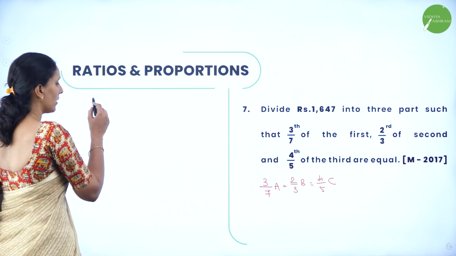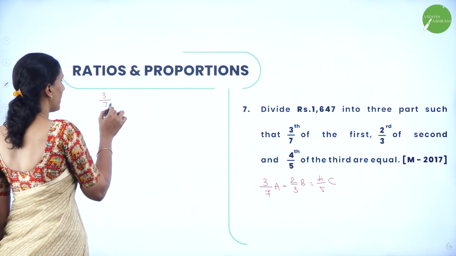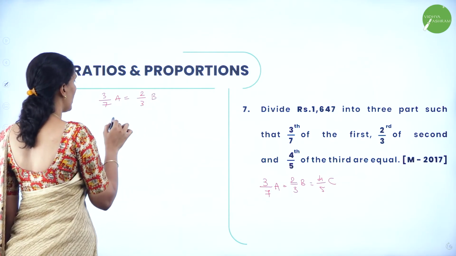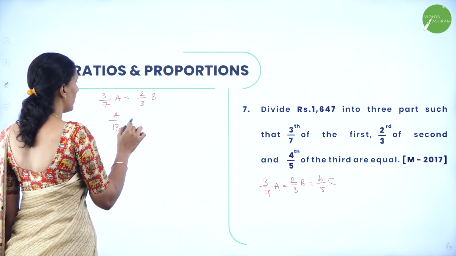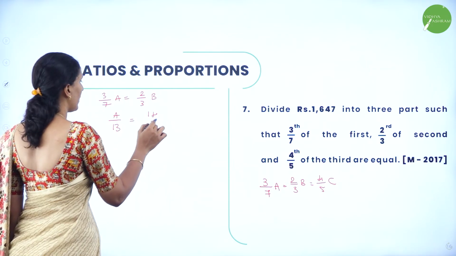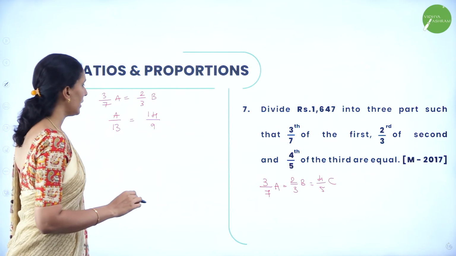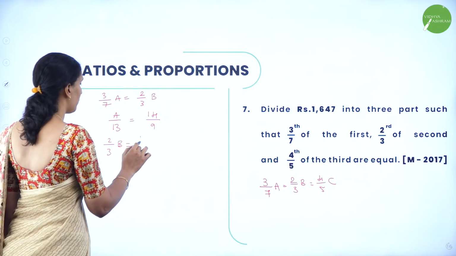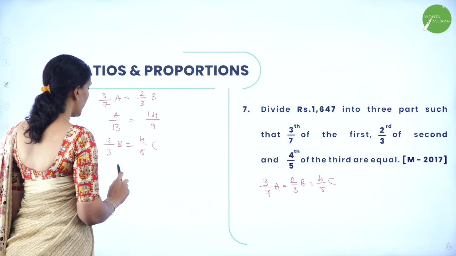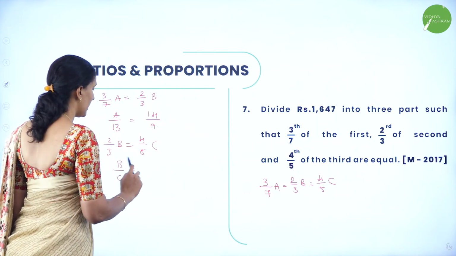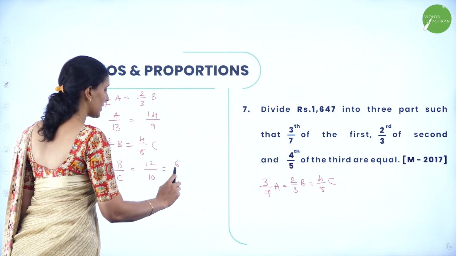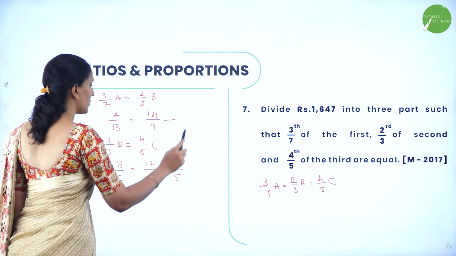So from this, when you compare, 3/7 A is equal to 2/3 B, so I'll get A/B equal to 14/9. And similarly, when I compare 2/3 B with 4/5 C, B/C is equal to 12/10, which on simplifying gives 6/5.